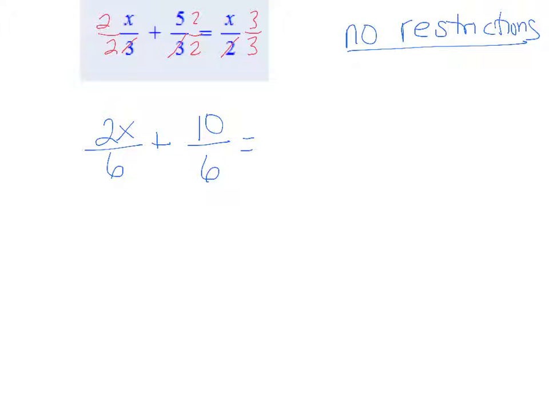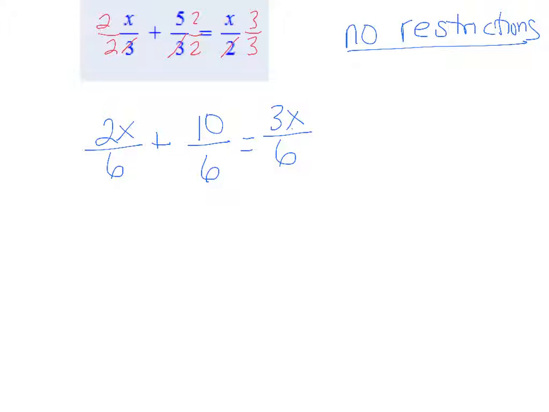All right, and then the last one, x times 3, which is 3x over 6. Now, I have this common denominator. What works great about having a common denominator is that every single term is being divided by 6 here. So what I can do is multiply every single term times 6.